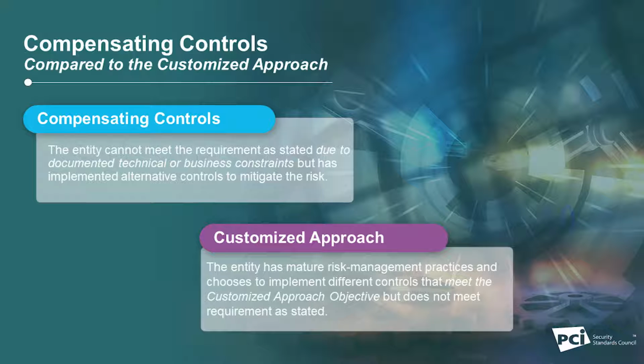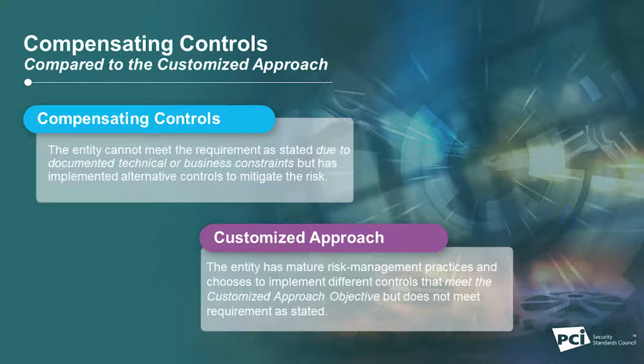In contrast, the customized approach is for organizations that have new and novel and innovative approaches to meet an objective of a requirement in a unique way. These organizations choose to implement a different control that meets the stated customized approach objective. One point worth mentioning is that we still have appendices for compensating controls in the standard that provide guidance and templates.